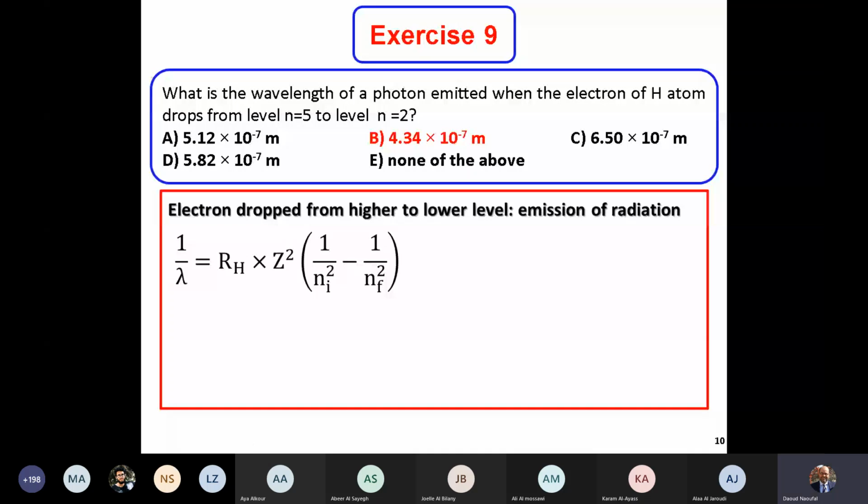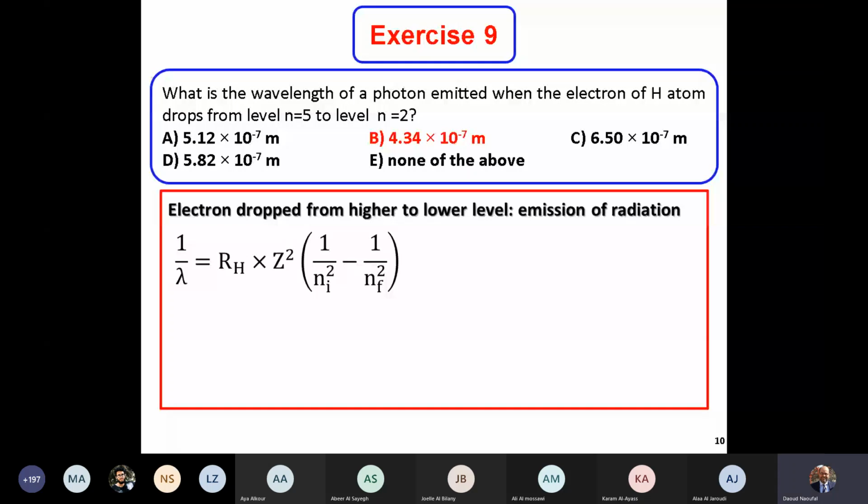We can apply the Balmer-Rydberg formula for hydrogen or hydrogen-like to calculate lambda, or we can find E5, which is equal to minus 2.18 times 10 to the minus 18 divided by 5 squared for hydrogen, and E2, which is equal to minus 2.18 times 10 to the minus 18 divided by 2 squared.